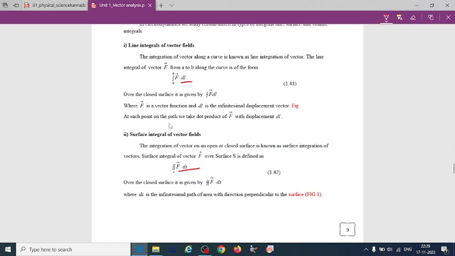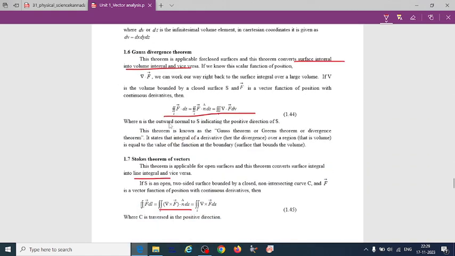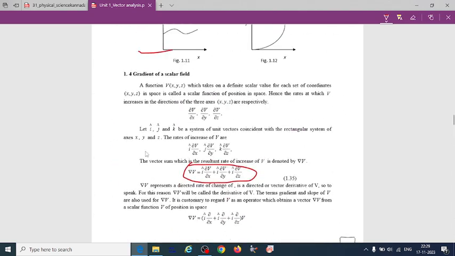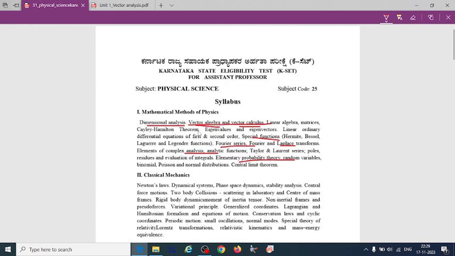Also line integral, surface integral, volume integral, and the important theorems, Gauss divergence theorem and Stokes theorem. If you understand these topics, you can solve any of the problems related to vector algebra and calculus. In the next video, I will solve some of the problems related to this topic.